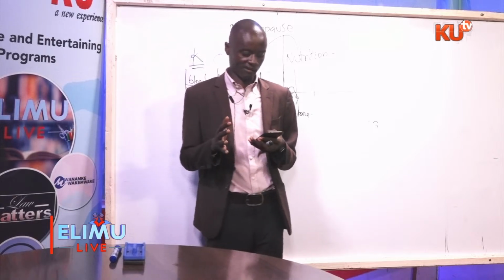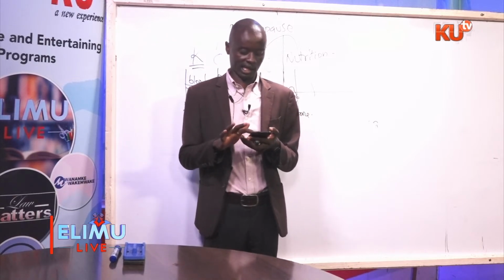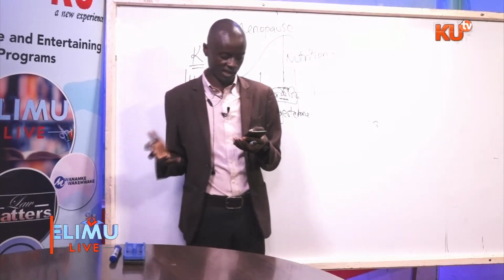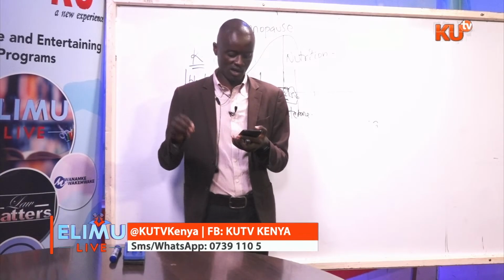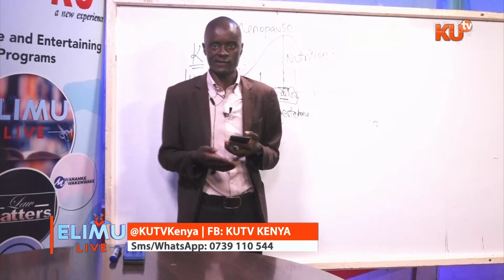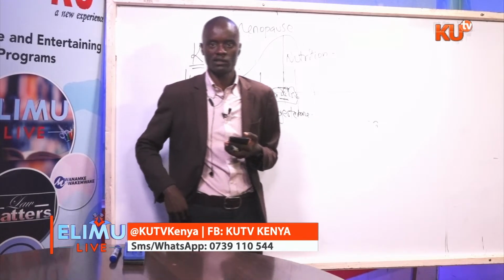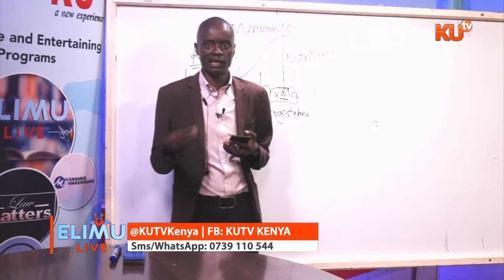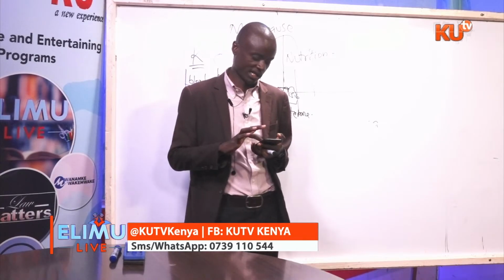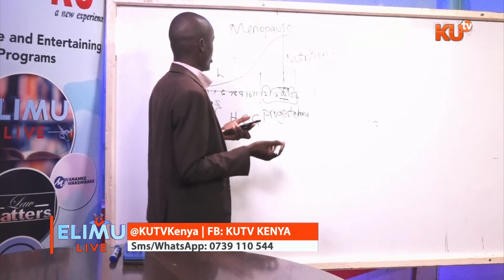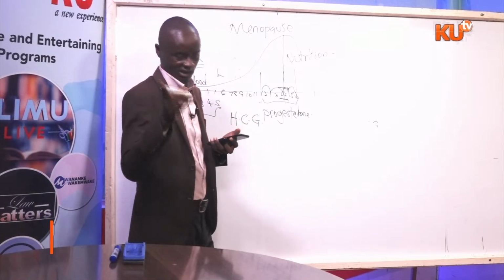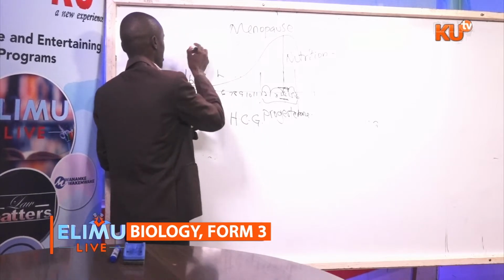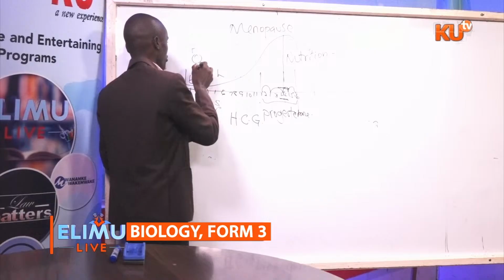Now, having understood that, I would also like to emphasize the role of the various hormones, or just to give the student a format on how to remember the hormones in the female reproductive system. So you use this formula to remember the hormones, and this formula is what we call FOLP.